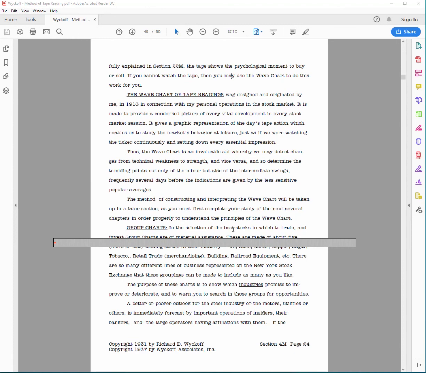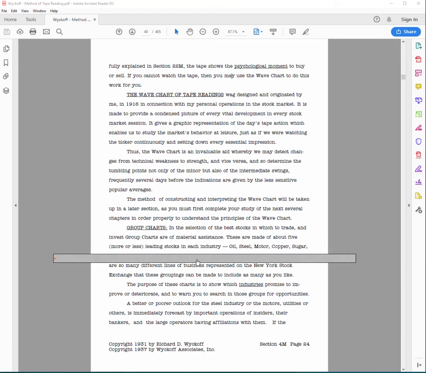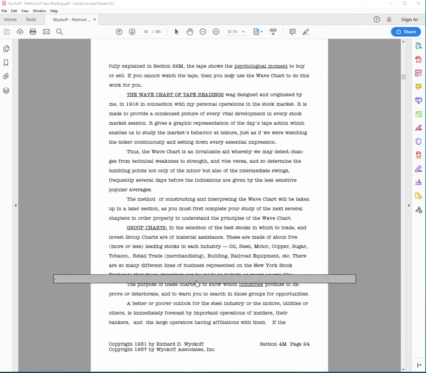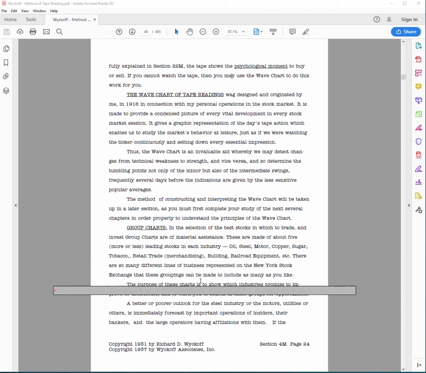Group charts. This is also something I'm contemplating, because it's not easy to do. But basically, the idea is you've got the wind at your back. There are actually studies that have been done and cited by folks that show that the majority of price movement in a stock is not coming from the stock.